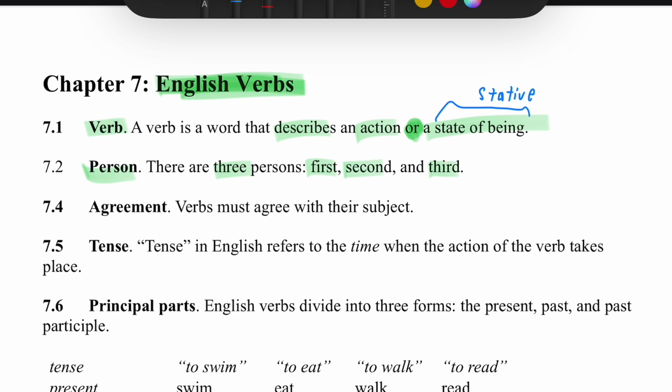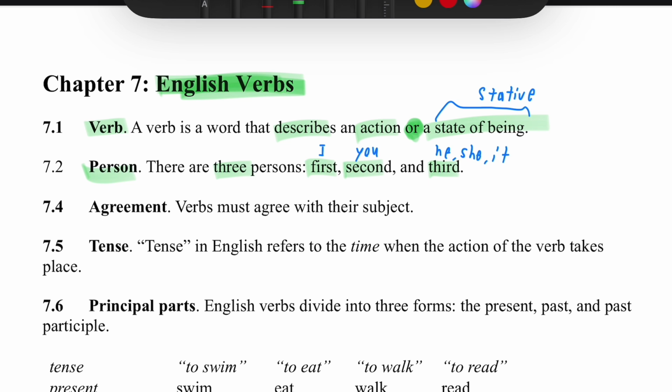The first person is the I category, or if it's plural, we. We also would have in the second person you, or if you're down south and you want to pluralize the second person, it's y'all. And then we have third person, which would be he or she or it.